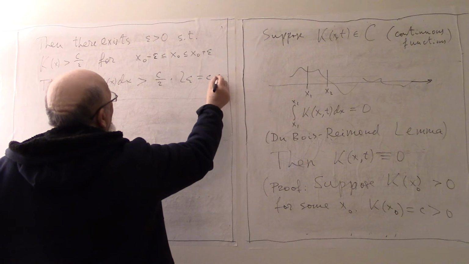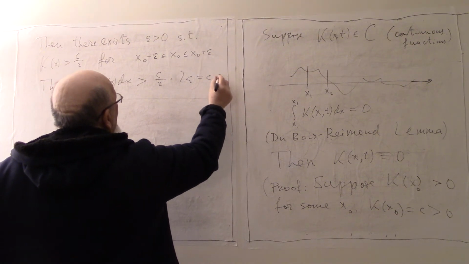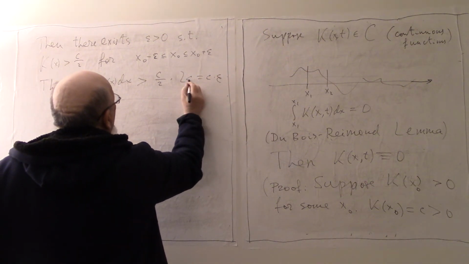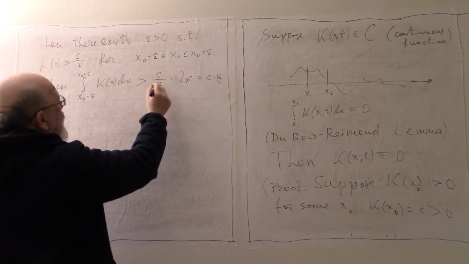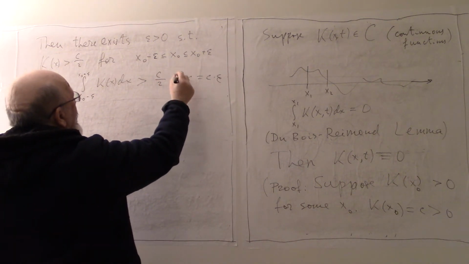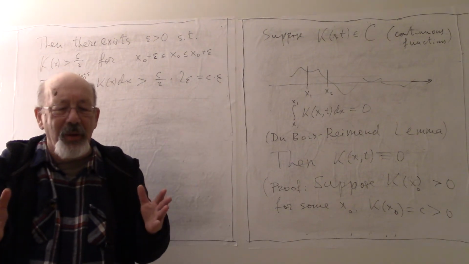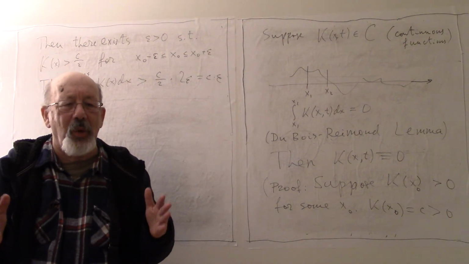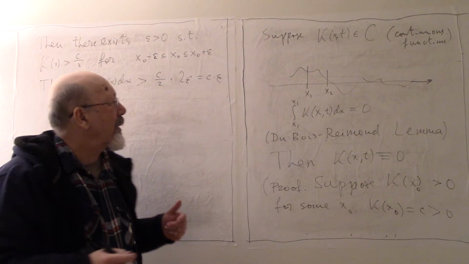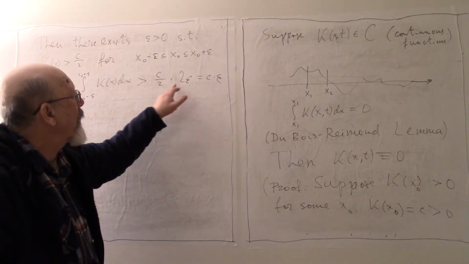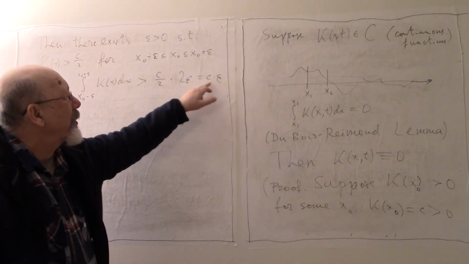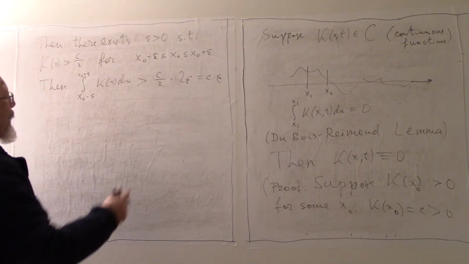So it is c over 2 times 2 epsilon, which equals c times epsilon.